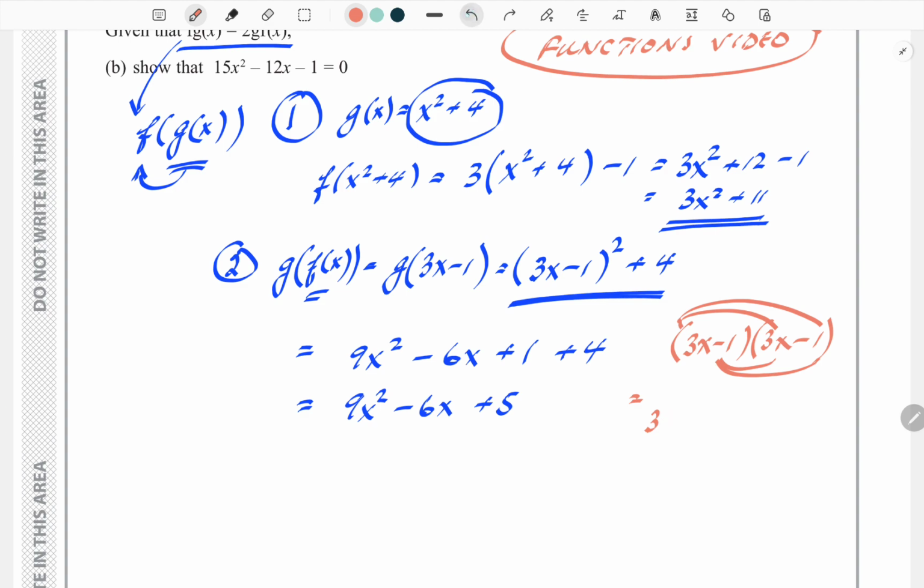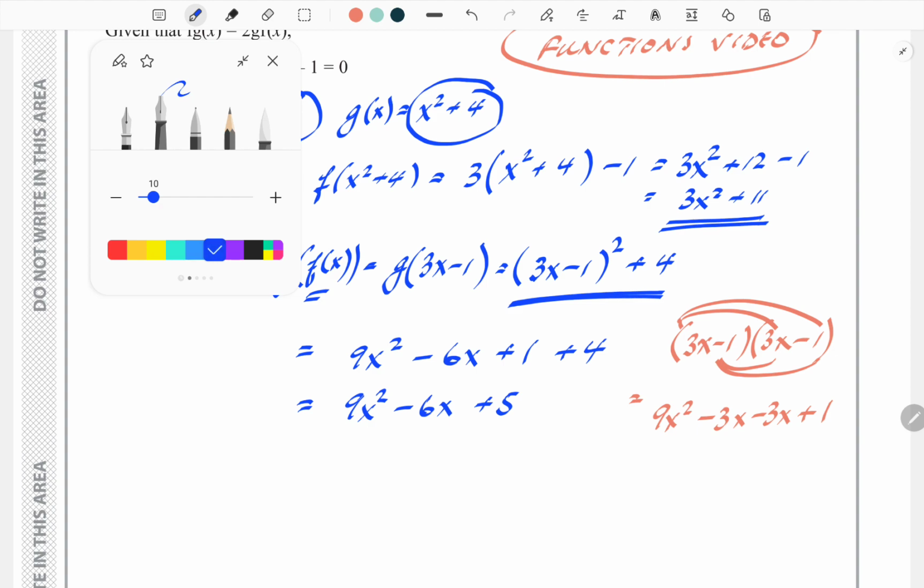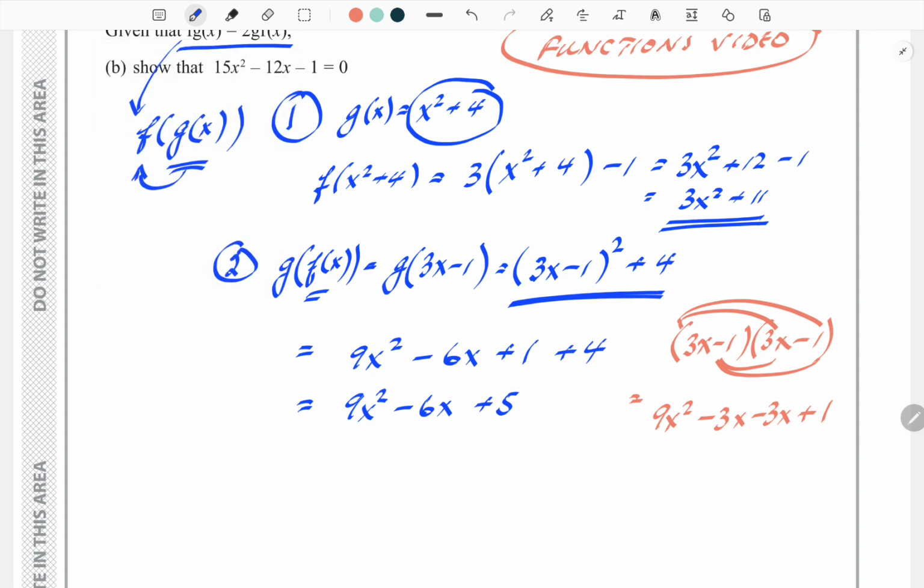So actually, let's do that. 9x squared. And then you've got a minus 3x minus another 3x. And then finally, minus 1 times minus 1 is a plus 1. Okay, just to verify that result, in case I've skipped too many steps there.